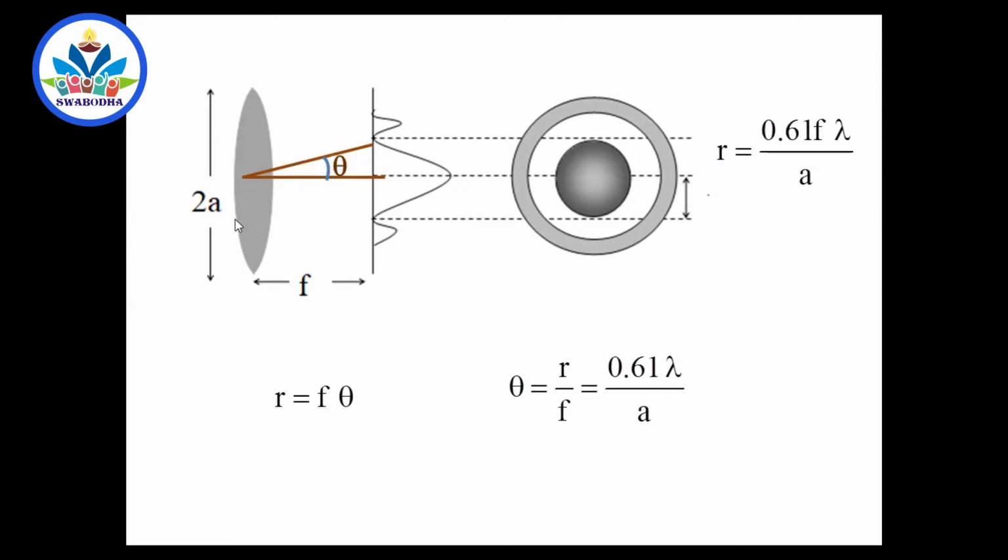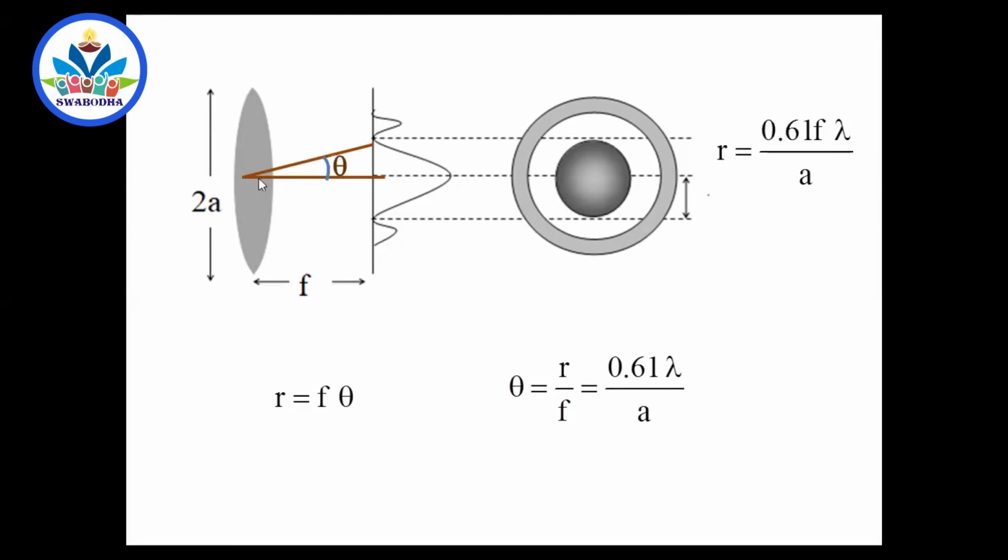So when a parallel beam of light is made to fall on a circular aperture or any lens, we get on the screen, which is placed at a distance of focus, not a single focused light, we get multiple focused light like this. Out of them, the central one is the brightest spot, and its radius is given by this formula.